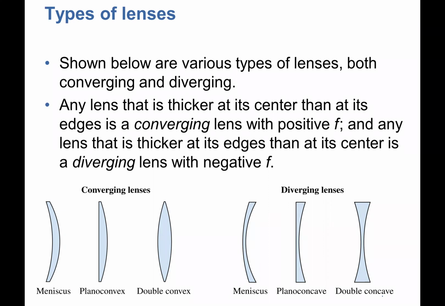So there are two types of lenses we're going to consider. Converging lenses, which are also known as convex lenses, and diverging lenses, which are known as concave lenses. That means you have concave mirror, convex mirror, and then convex lens and concave lens also.